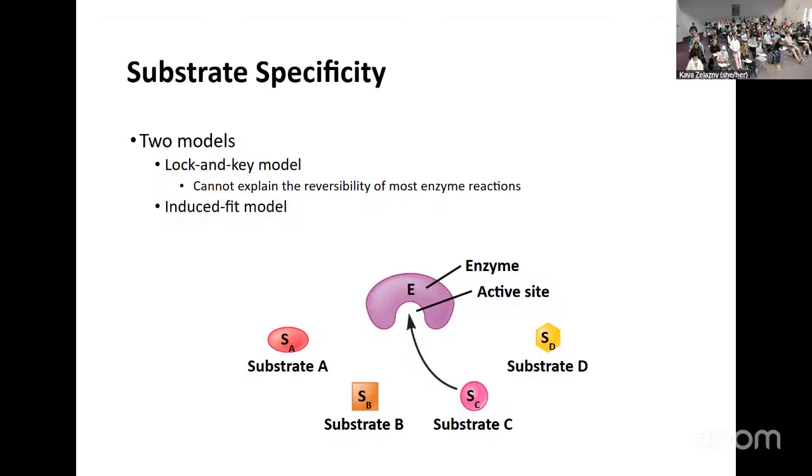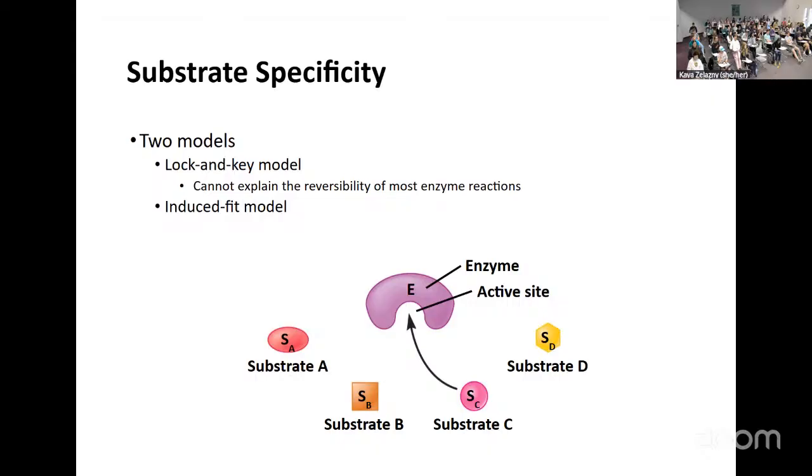We have a way that enzymes work, from a physical perspective, that allows them to lower that activation energy barrier. You've probably seen a picture like this somewhere in your life before. What this is looking at is a physical depiction of how enzymes work. Okay. So you've got two models that we can use to explain how enzymes work.